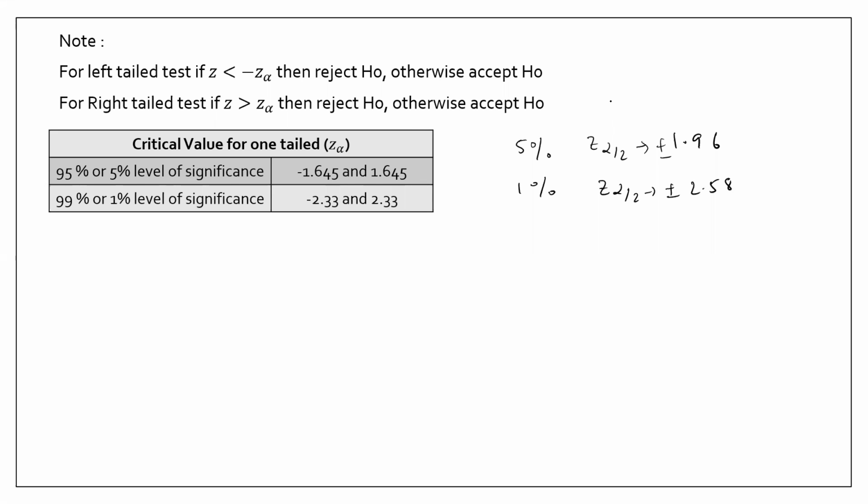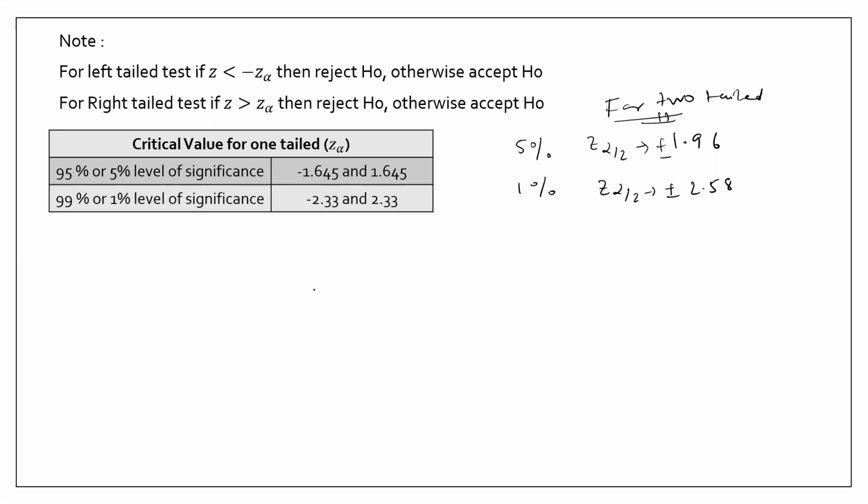This is for two tail. Now for one tail, it is Z alpha. The value at 5% becomes 1.645, and at 1% becomes 2.33. So from 1.96 to 1.645, and from 2.58 to 2.33.